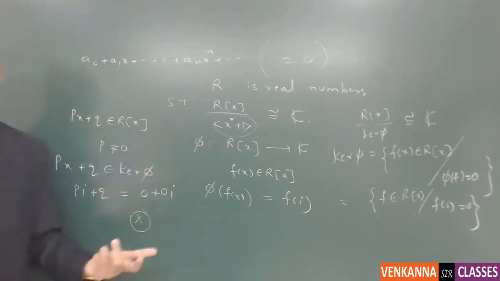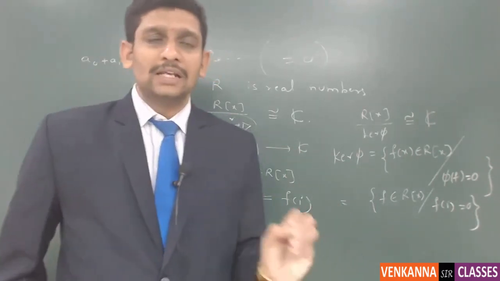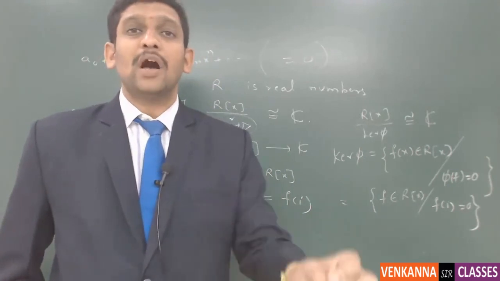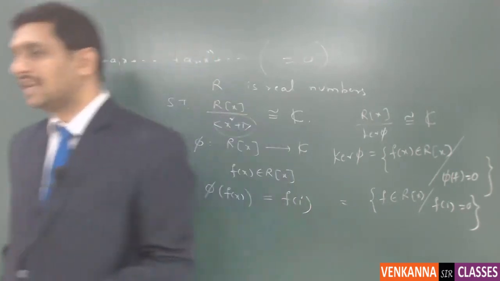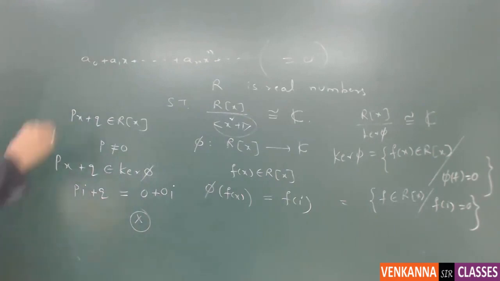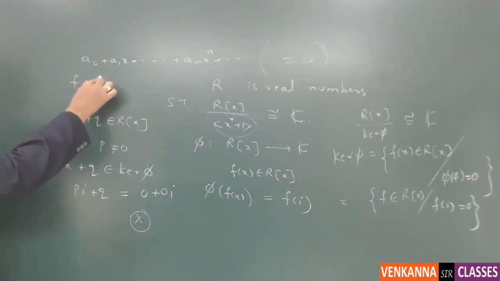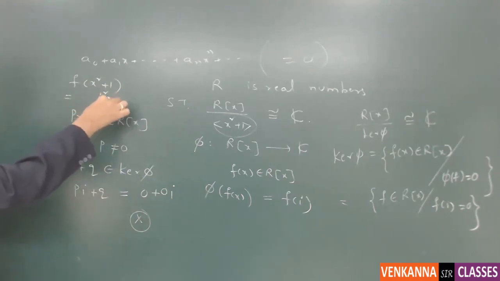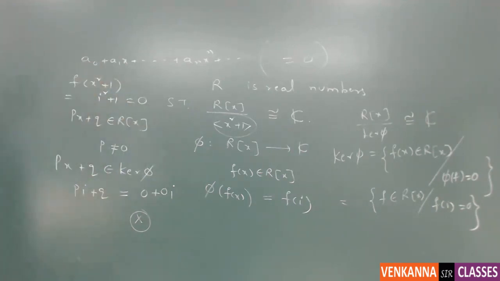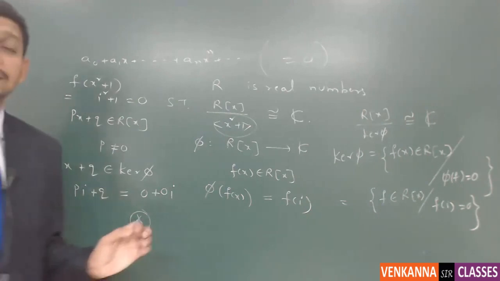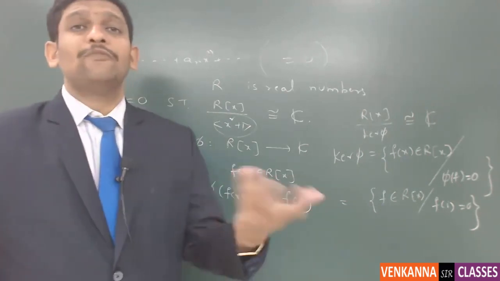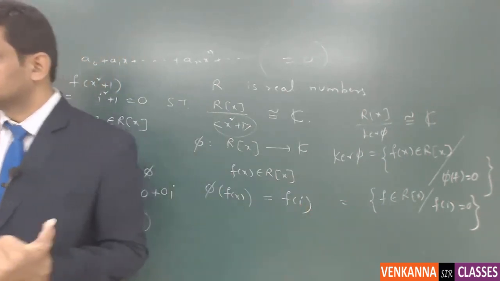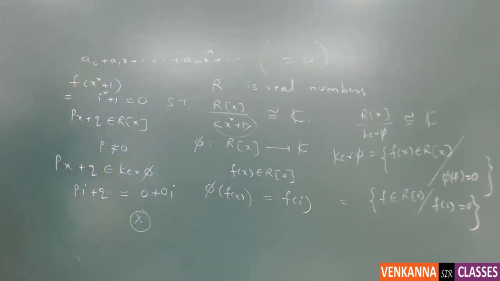So let us verify whether the second degree polynomial x square plus 1 belongs to the kernel or not. Substituting, it will be i square plus 1 equal to 0. Accepted? i square is nothing but minus 1. Hence, x square plus 1 will belong to the kernel. Did you get it or not?